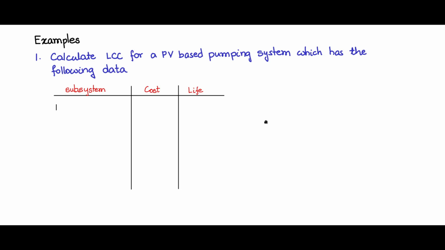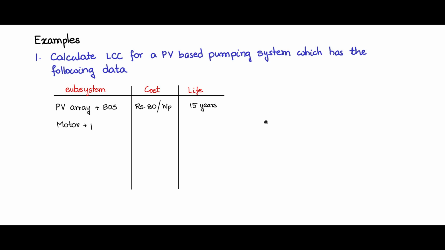In the PV based pumping system, one of the main items is the PV array plus balance of systems. I will put an approximate value of rupees 80 per watt peak for the PV array and balance of systems, and the life is 15 years.